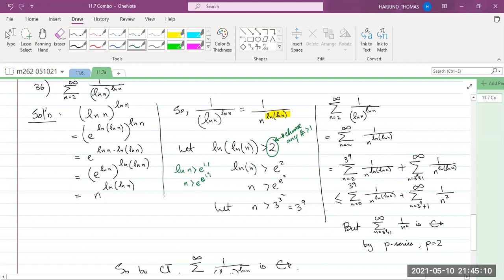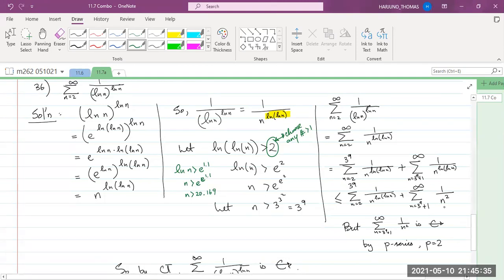Let me use my calculator to compute e to the 1.1. That is 20 something. Oh, wow. So this is 20 point something. So just use n greater than 21. You don't need to go that far.